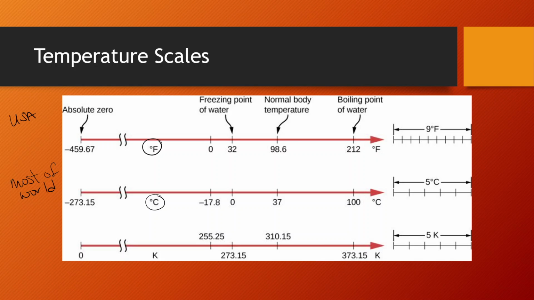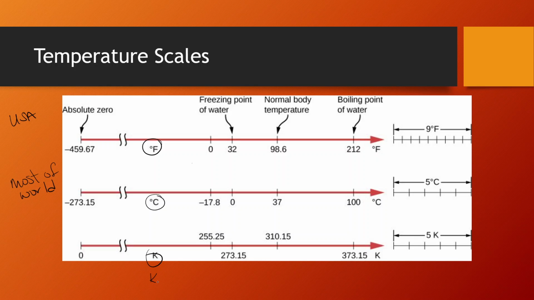Notice another thing. If we're looking at the body temperature of a human, the quote unquote normal body temperature, we use Fahrenheit, and we say it's 98.6 degrees Fahrenheit. Now, in Celsius, that is about 37 degrees Celsius. There's another scale that we need to talk about, and that is Kelvin.